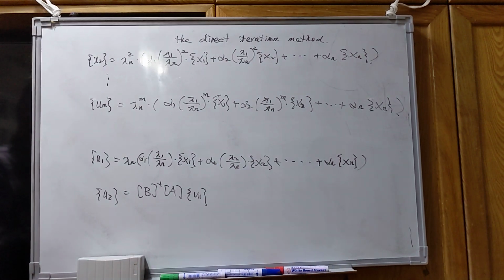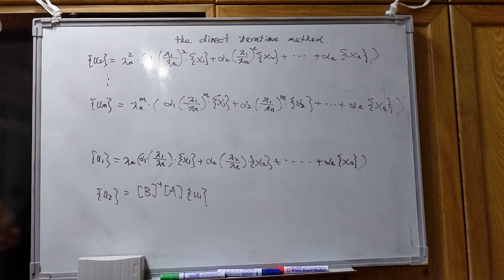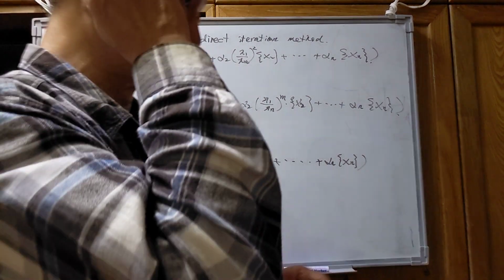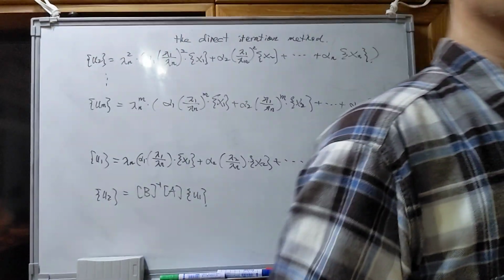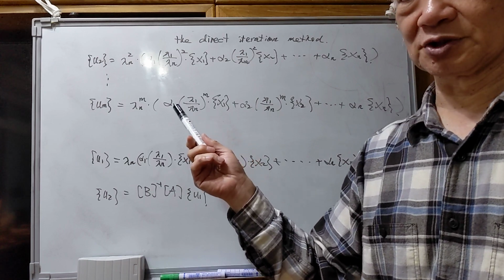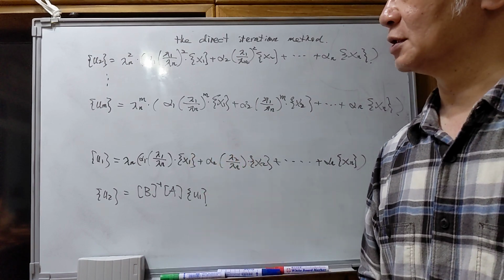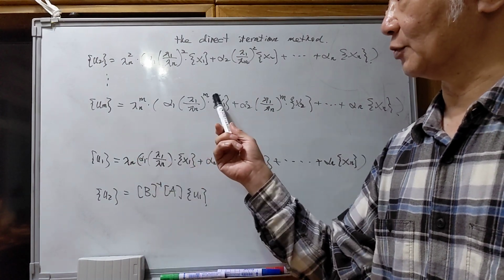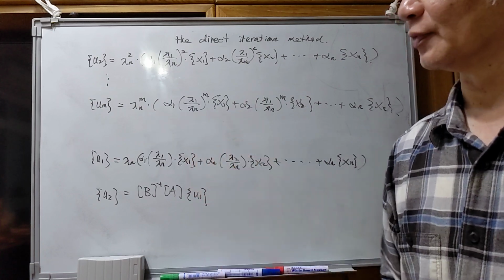Okay, so as long as the number of the iterations increase, also the power of the ratios will also increase. So the un will be equal to this one.